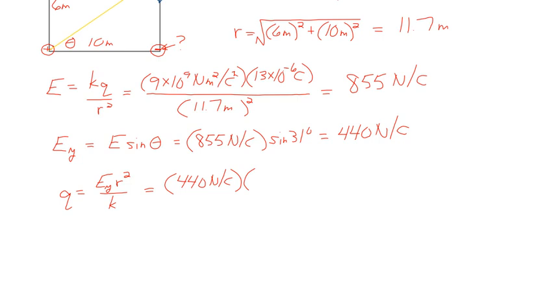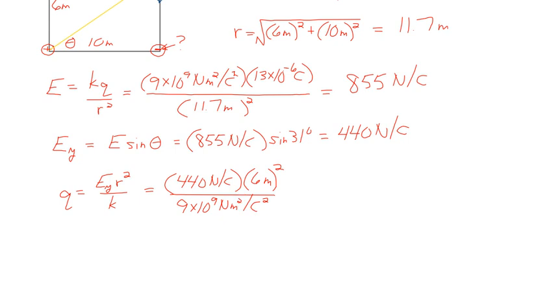If I put those numbers in, I'm going to have 440 newtons per coulomb. The distance between the upper right corner and the lower right corner is 6 meters, so 6 meters squared, divided by 9 times 10 to the 9th newton meters squared per coulomb squared. You can see the newtons cancel with the newtons, the meters squared cancels the meters squared, and the coulomb cancels with one of the coulombs, and I'm left with 1 coulomb in the denominator of the denominator.